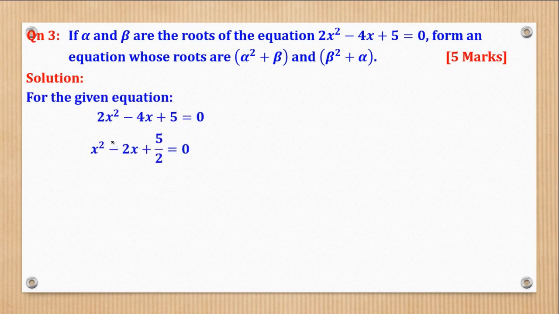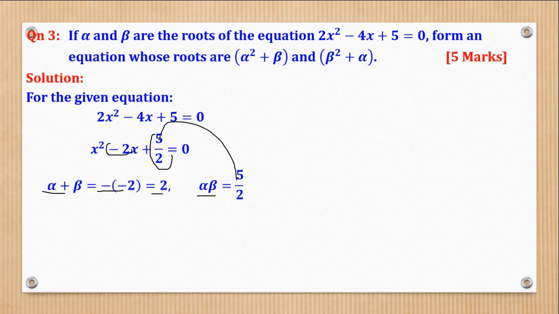Then you can say that this one is the sum of roots and this is the product of roots, negative of this. Because the equation is x squared minus sum of roots times x plus product of roots. So the negative of what is here becomes the sum of roots, and this one becomes the product of roots. So alpha plus beta is negative of negative 2 to give you positive 2. And alpha beta is 5 over 2.